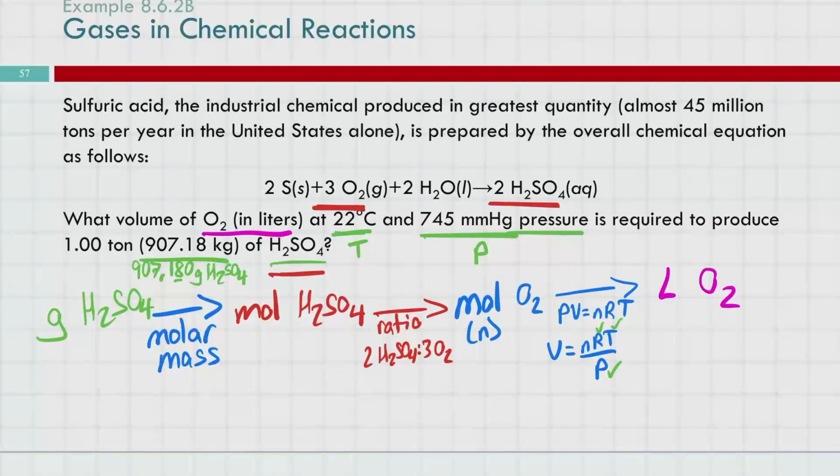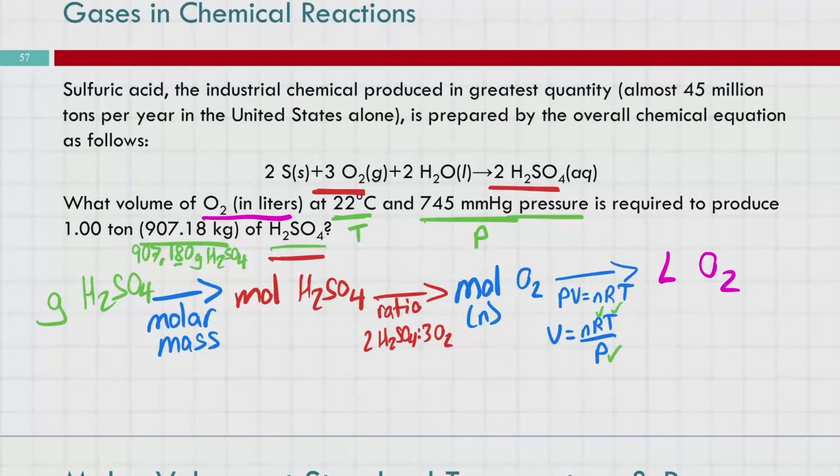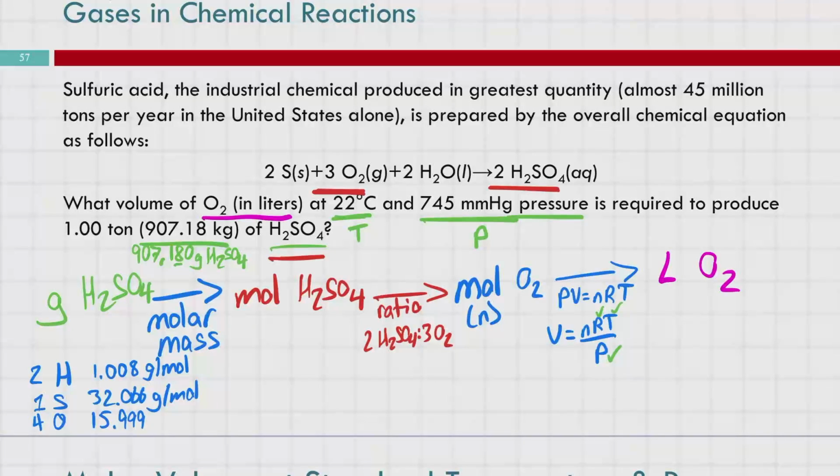Can we calculate molar mass? Hopefully we can. We can. So we've got two hydrogens with 1.008 grams per mole each. We've got one sulfur, 32.066 grams per mole. We've got four oxygens with about 16 grams per mole each.